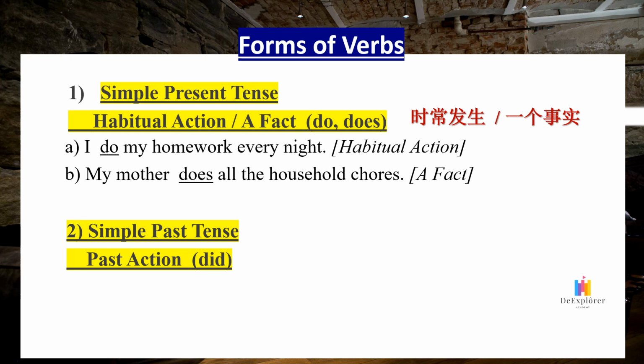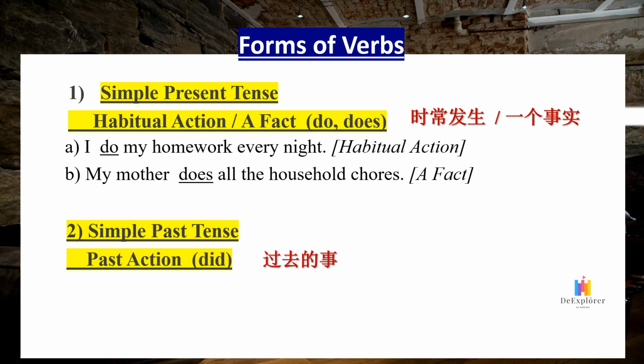Number 2 is simple past tense. Simple past tense is used to show past action. And take a look at the verb do. 刚才那个 do, does. What is the past tense of do? Did. D-I-D. Okay, and you use did to show past action. 过去的事.